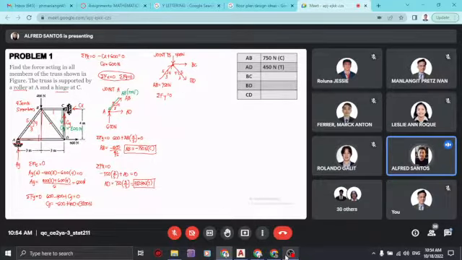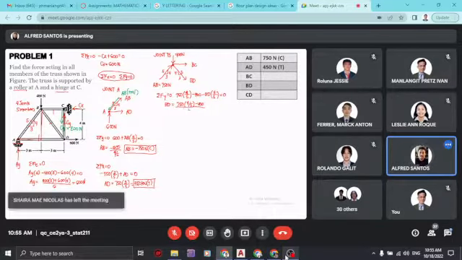So Fy tayo, it is 750 upward times 4 over 5. So that's your Y, H over R, no? And then minus 400 and then minus BD times 4 over 5. Okay, so solving for BD, it is equal to 750 times 4 over 5 minus 400 over 4 over 5.